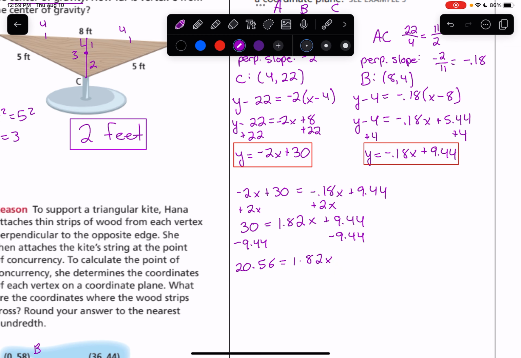And then I'm going to divide, and that gives me 11.29, which is also not the answer I have on my paper.